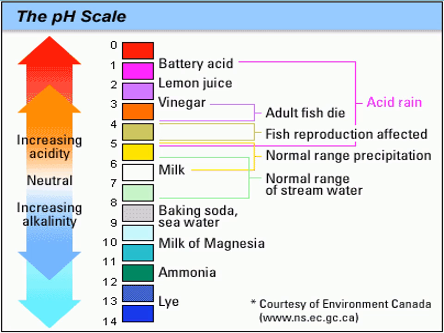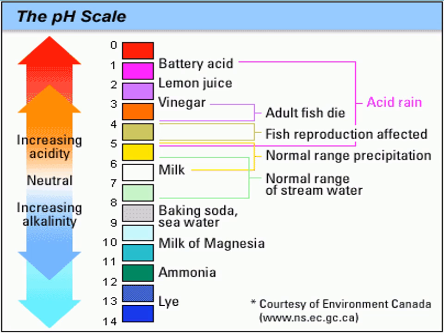So if you picture this on a number line from 0 all the way up to 14, 0 is the most acidic that it gets, and 14 is the most alkaline that it gets. You can think of alkalinity as like really soapy things, and acidic things like lemon juice. Battery acid is more acidic than lemon juice.